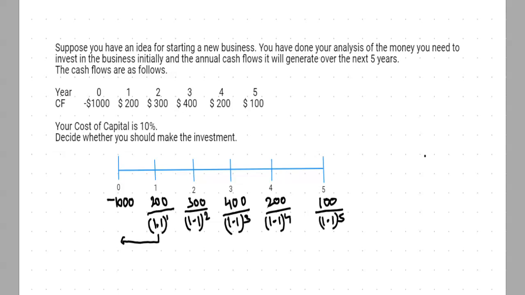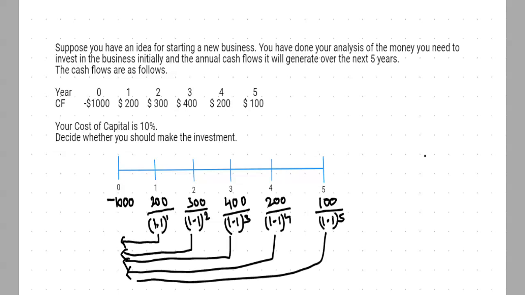When you multiply this with your cash flow, you'll get its present value at year zero. When you add all the cash flows at their present value, then you'll get the net present value.